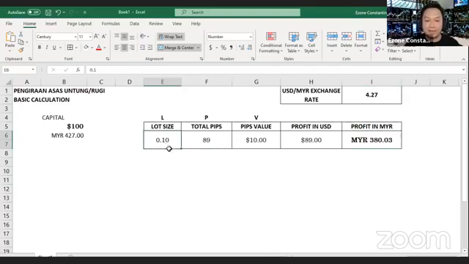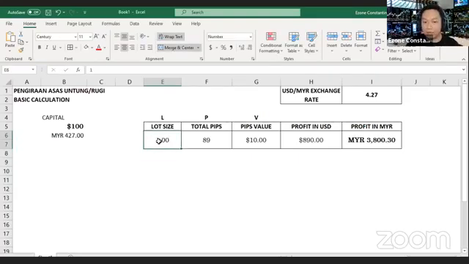Look, if your lot size is 0.10, you generate 89 pips. That means in US dollars, you get $89, and then converting to Malaysian ringgit, how much did you make? 380 ringgit in one day. Now, for those who have slightly bigger capital, I'm talking about around $20,000, $30,000, it is not a problem for you to trade big lot.